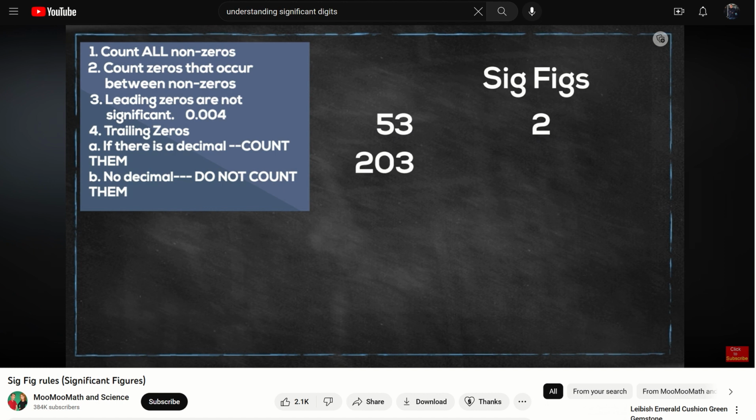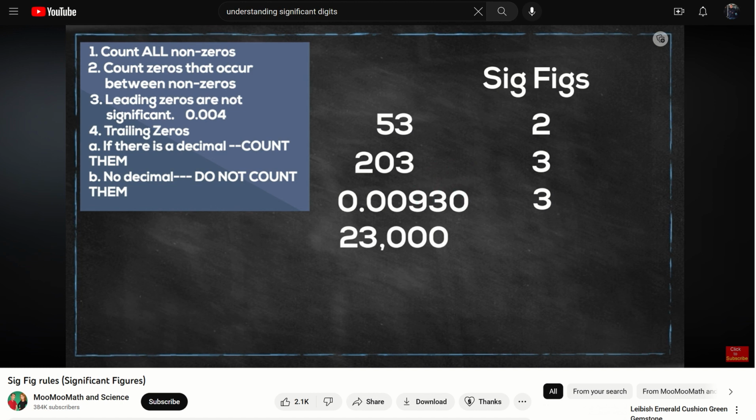Again, you have two non-zeros, the 2 and the 3, but you have a 0 in between, so you will have 3 because you will count them all. Next, we have one with some leading zeros. Remember the rules, leading zeros are not significant, so you will not be counting until you get to the 9. So you will have 3 significant figures.